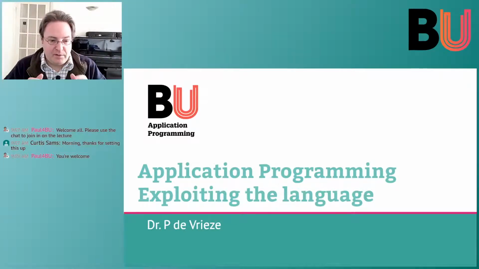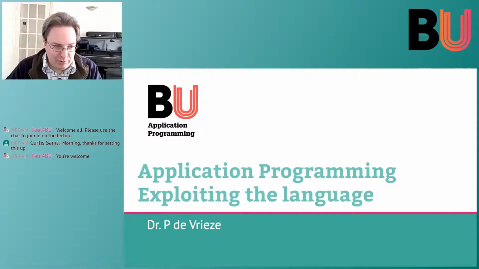Then, exploiting the language. One of the challenges with programming is how do you write your program in the right way, or how can you use the strengths of the language to make your programming better.